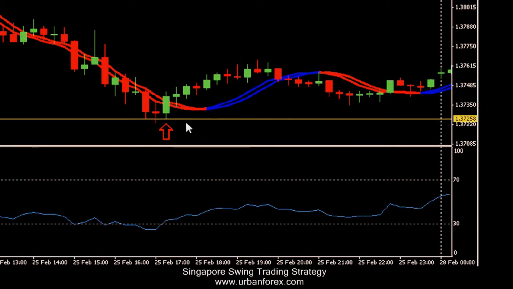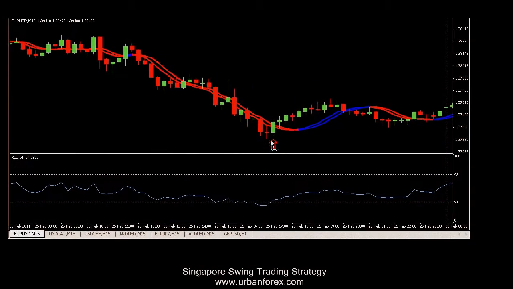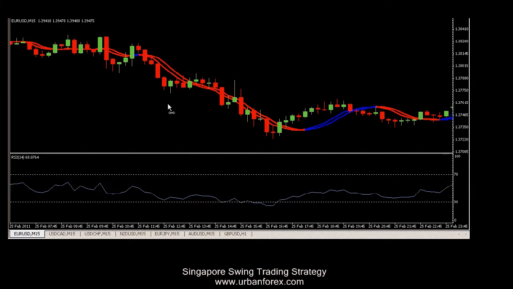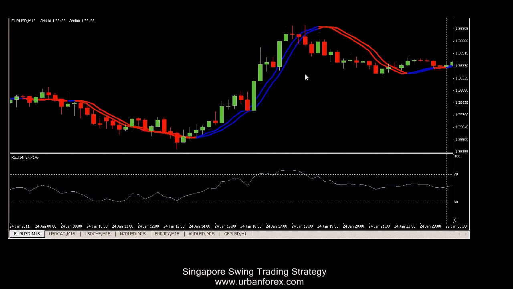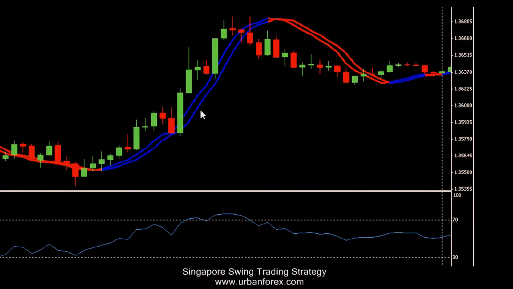Alright, let's give you a sell example. Let's scroll back here. Here we have a sell example, and we can see that the market was trending upwards, which is confirmed by these two blue MAs, and we can also see that the RSI went above the 70 level.